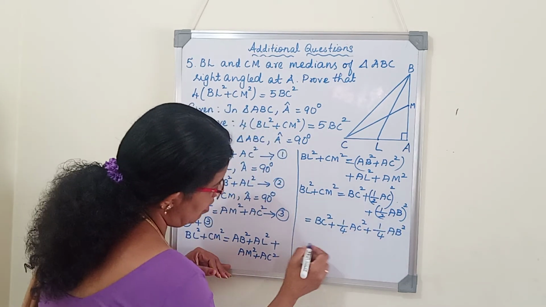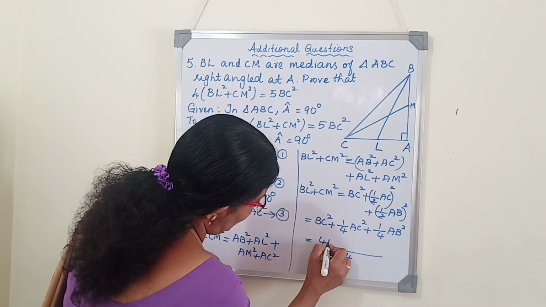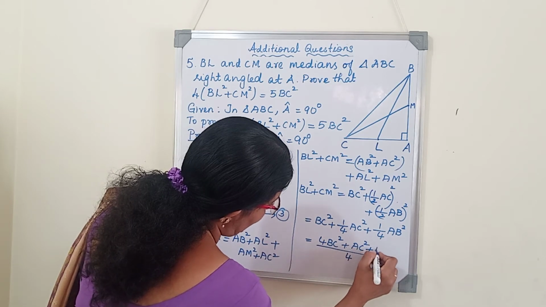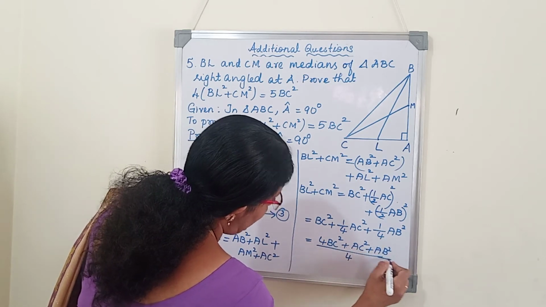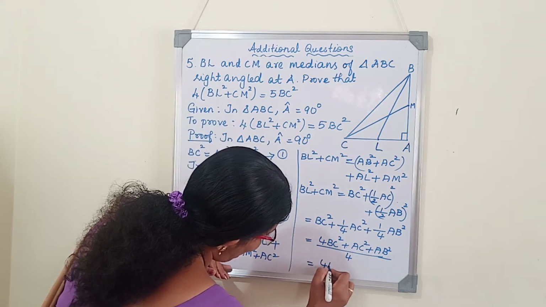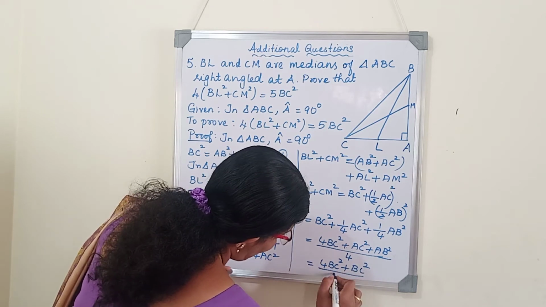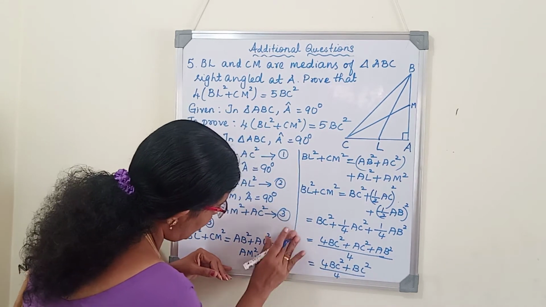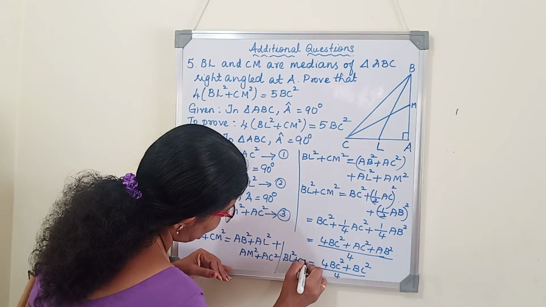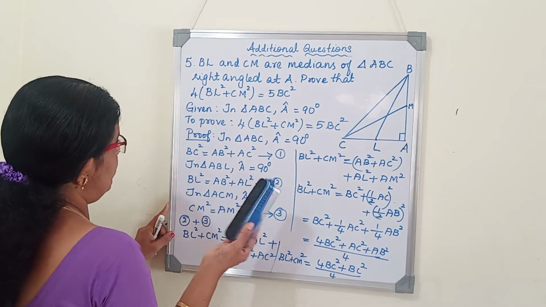Now we take the LCM, 4, and get 4 BC square plus AC square plus AB square. Once again, AC square plus AB square is BC square. So we get 4 BC square plus BC square by 4, equal to BL square plus CM square on the left side. Now we will cross multiply.